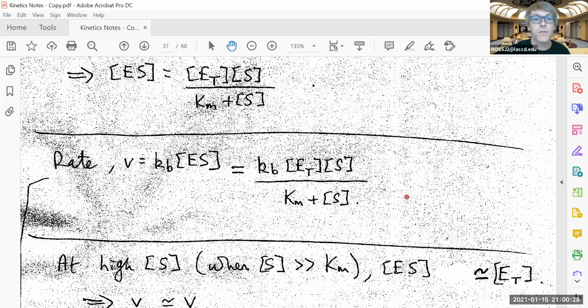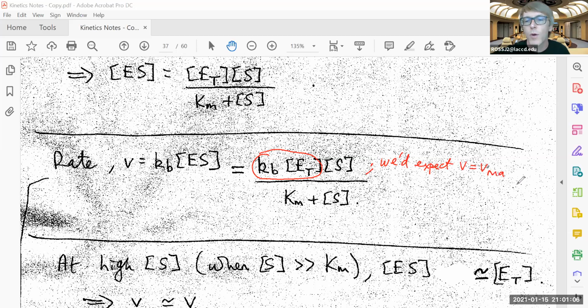Now we've got an expression for ES and we can put it in. We'd expect V to equal Vmax.